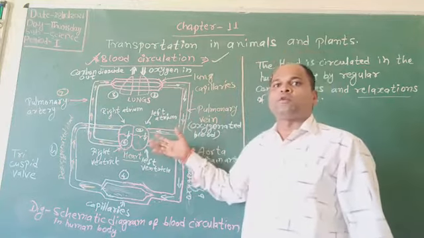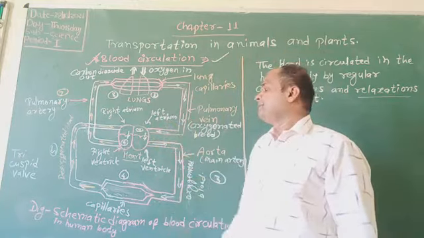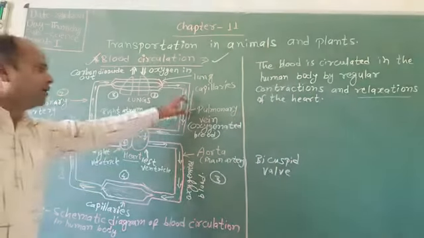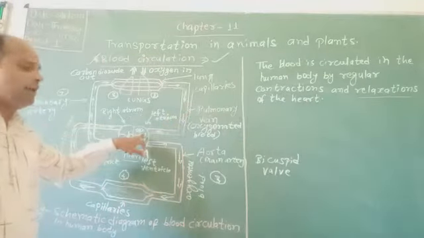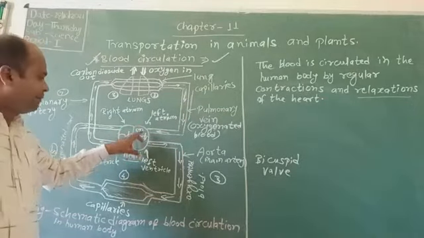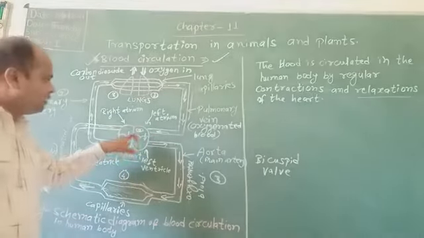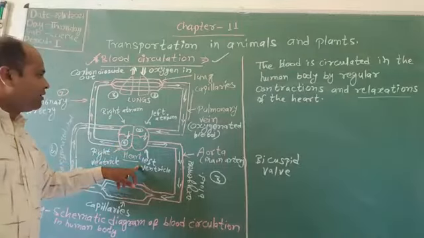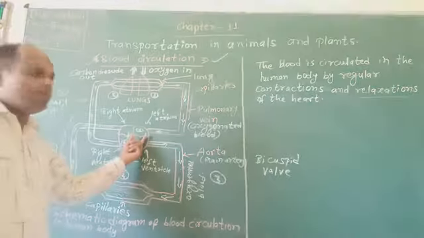So students, the blood goes from the pulmonary vein to the left atrium. When the left atrium contracts, blood flows into the left ventricle through the bicuspid valve.